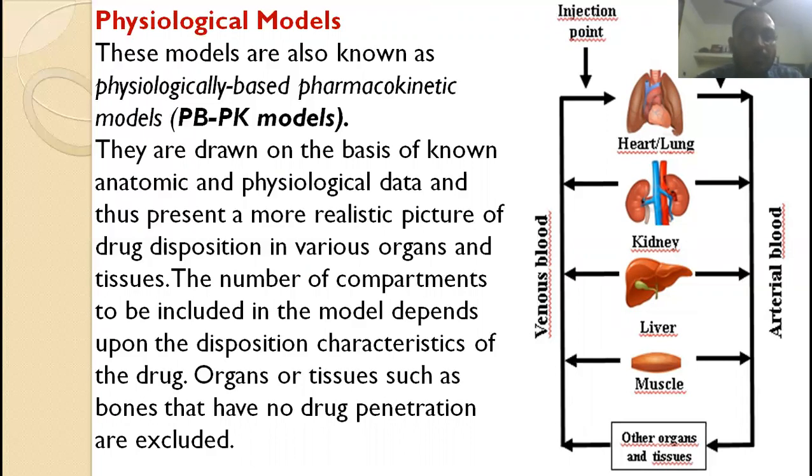The number of compartments to be included in the model depends upon the disposition characteristics of the drug. In physiological models, when the dosage form goes into the systemic circulation, it parallelly goes into the different compartments or organs in the body through the blood, and then is finally excreted from the body.